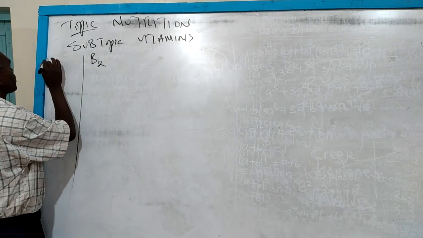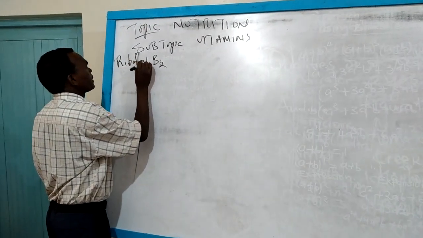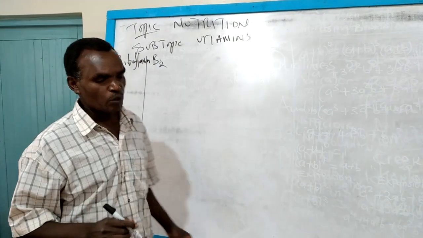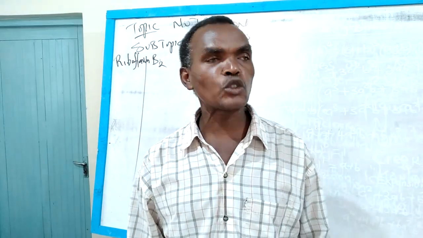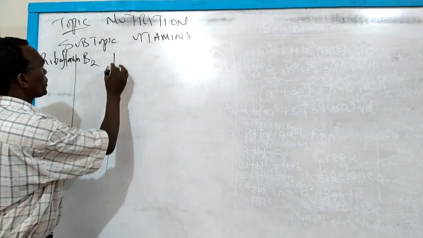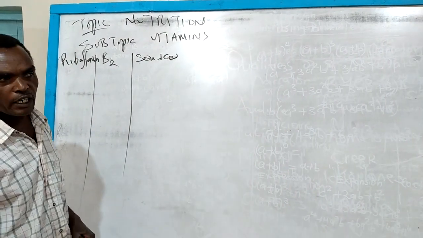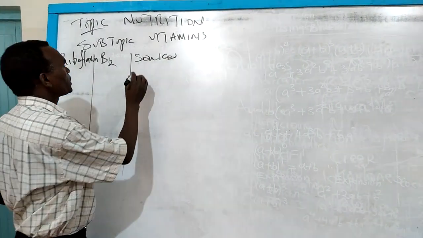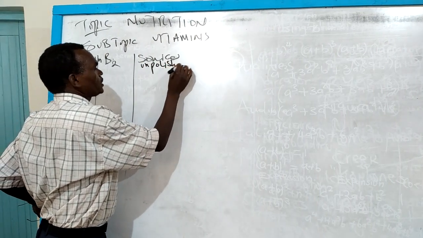B2 is also called riboflavin. And this vitamin comes from the same sources as that of B1. So, sources, if we recall those of B1, we have unpolished cereals.